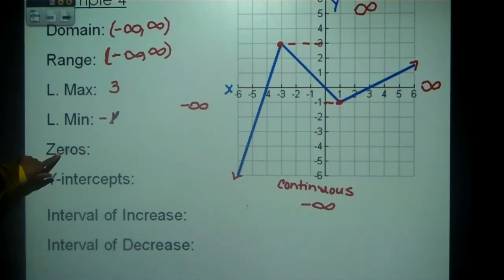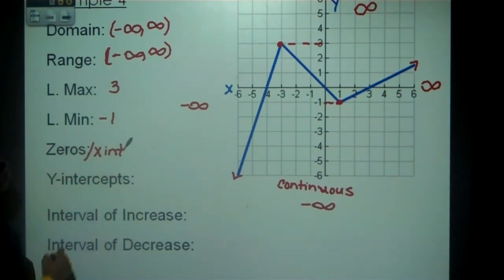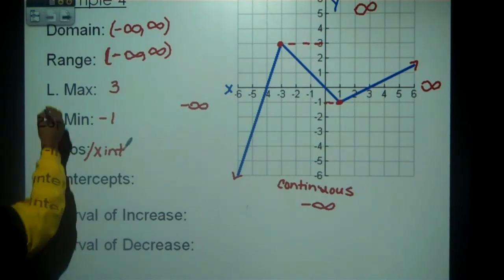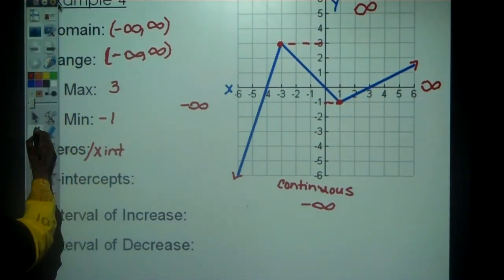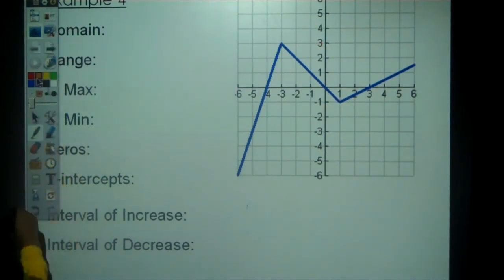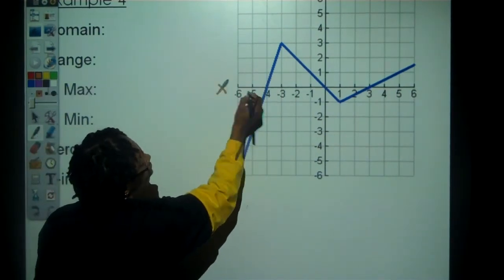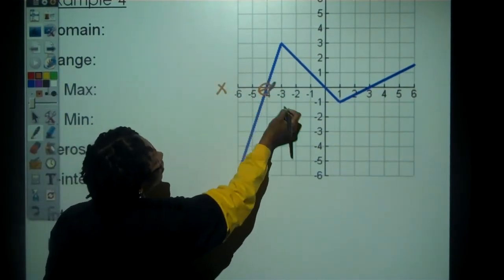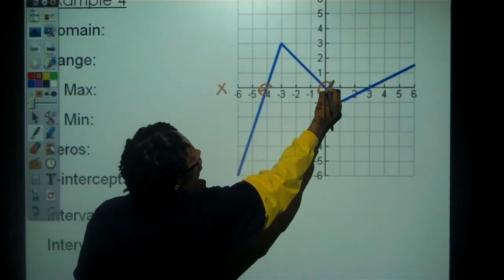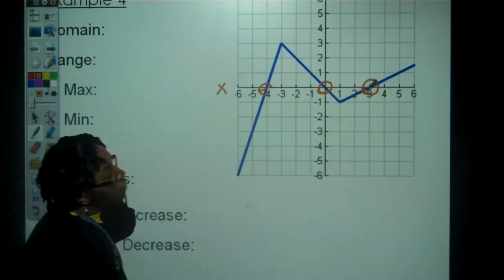My zeros, another characteristic, are also what we call our x-intercepts. We're trying to figure out where this graph crosses the x-axis. This graph crosses the x-axis in several different points. Let's circle them. The graph crosses the x-axis the very first time at -4. It crosses another time at 0, and it crosses another time at +3.